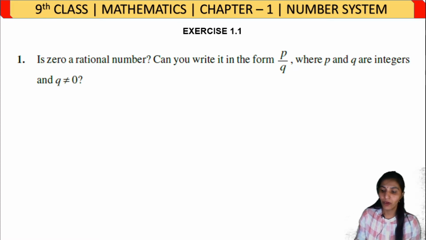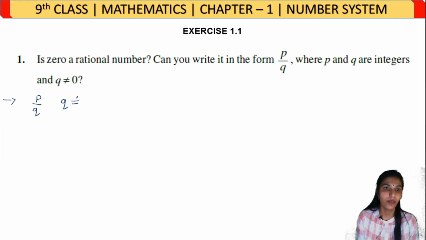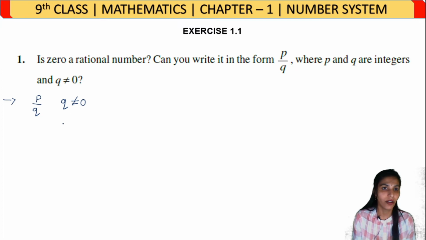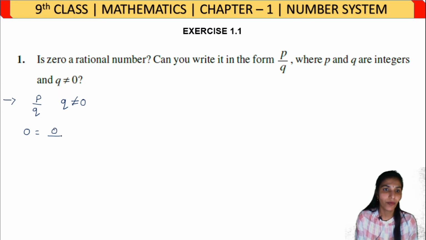So for this, we have to recall the definition of a rational number. According to the definition, a number which can be written in the form of p by q, where q is not equal to 0, is called a rational number. So now consider 0. 0 can be written in the form of 0 by 1. If I write 0 by 1, the answer will be 0.